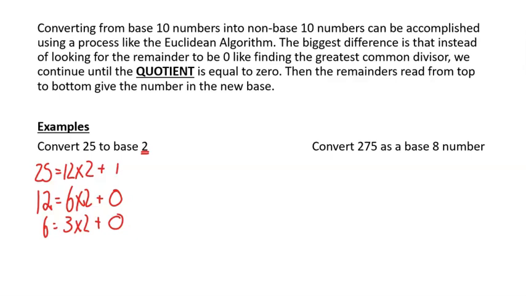We continue to go. In this case, 3 is going to equal 1 times 2 plus a remainder, this time of 1. And then my final step, and I know it's the final step because I'm going to say 1 is equal to 0 times 2 plus 1. So my number 0 coming in as a quotient, that means I stop at that point.